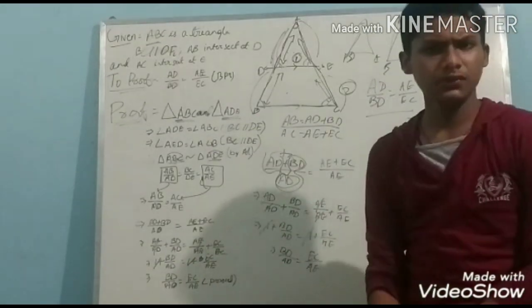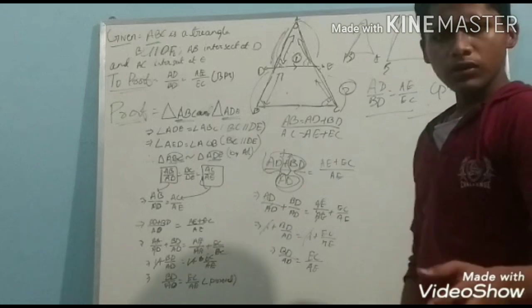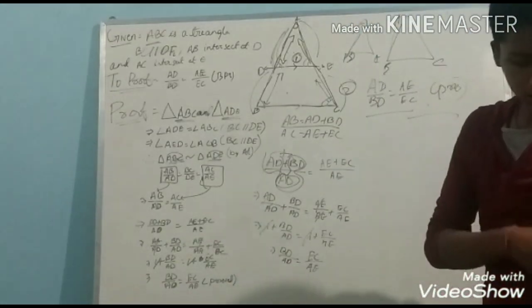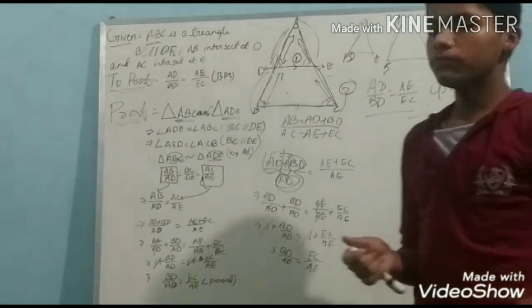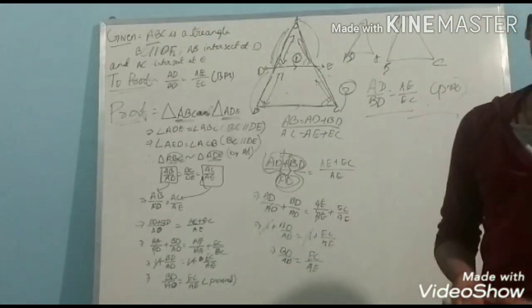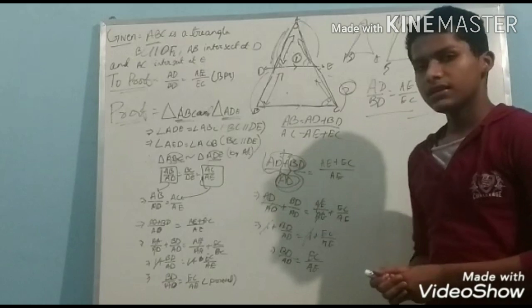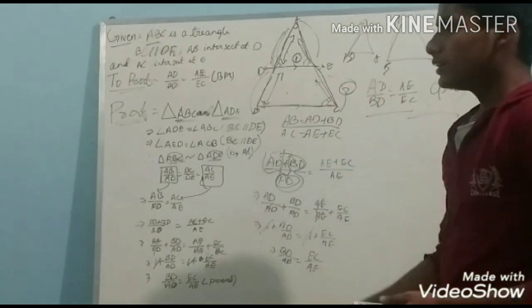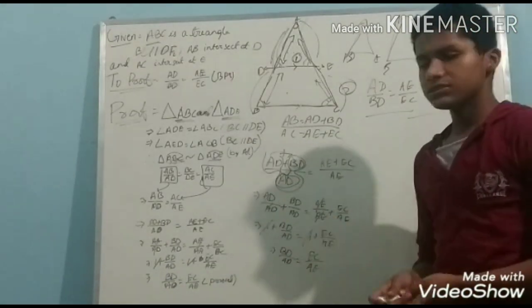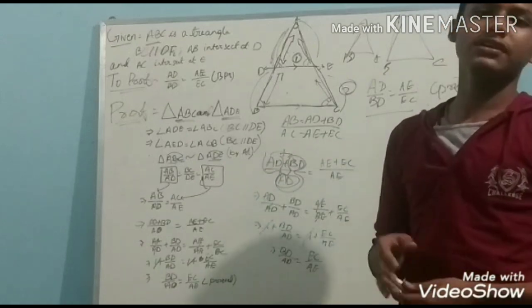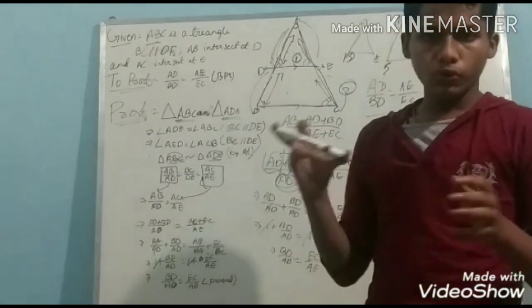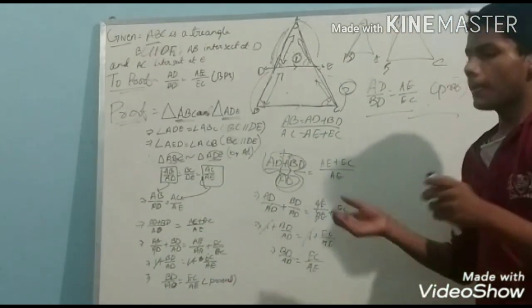In 5 to 7 days I will send you that, and one by one I will show you everything of the similarity chapter with the help of video. Any question you have doubt about, you can send us in the email. Don't worry, we are here.